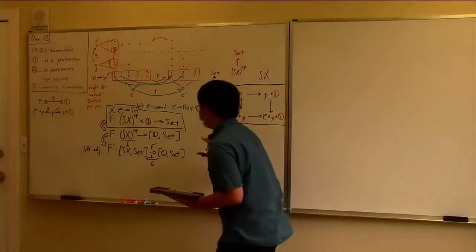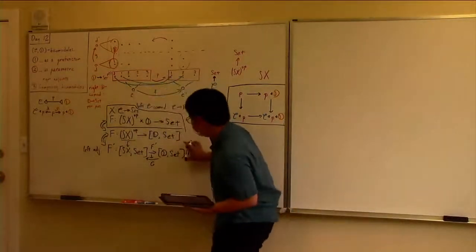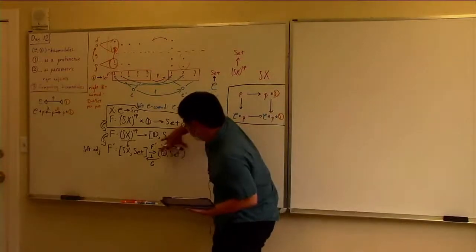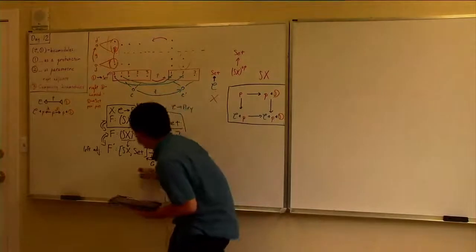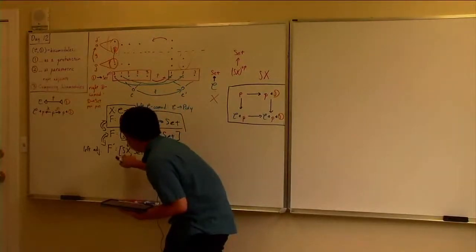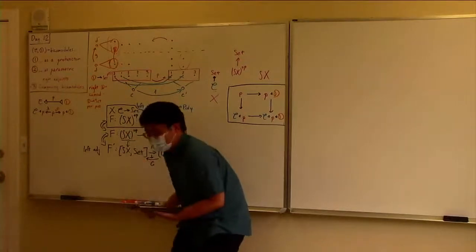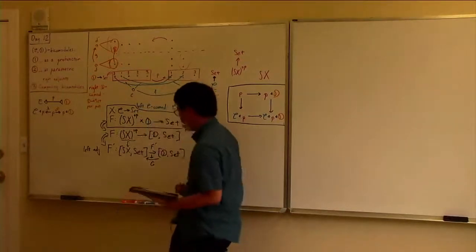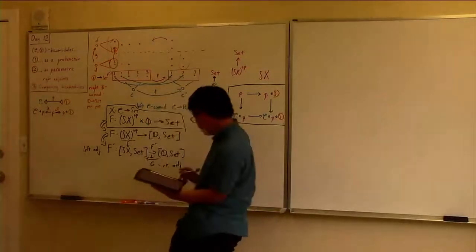So we can think of this equivalently as, again, we still have this functor from C to Set and a functor from the functor category between D to Set to the category of functors from the category of elements of X to Set that is a right adjoint. Right, so we have a right adjoint here.